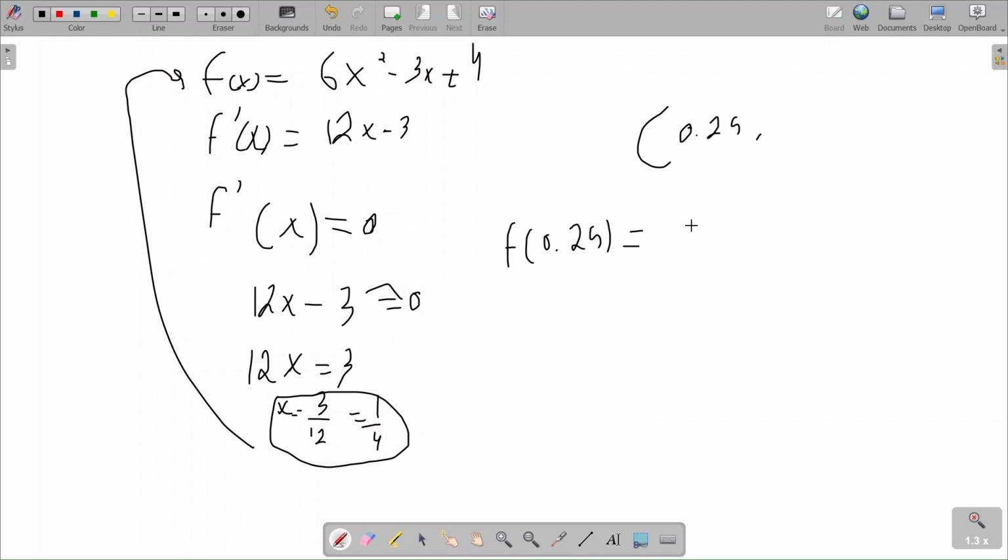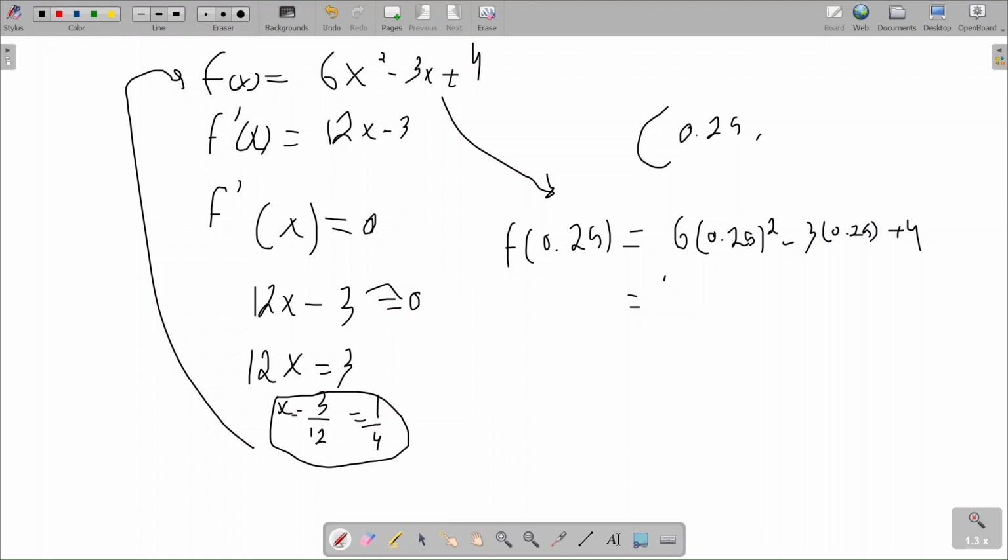equals 6 times 0.25 squared minus 3 times 0.25 plus 4. Remember, I'm just copying over the function, substituting 0.25 for x. You do it on a calculator real quick: 6 times 0.25 squared minus 3 times 0.25 plus 4.